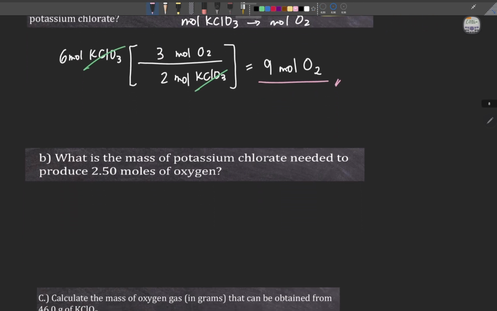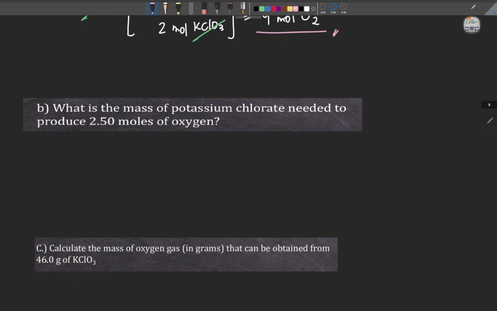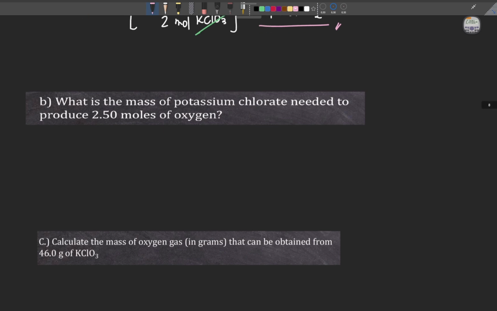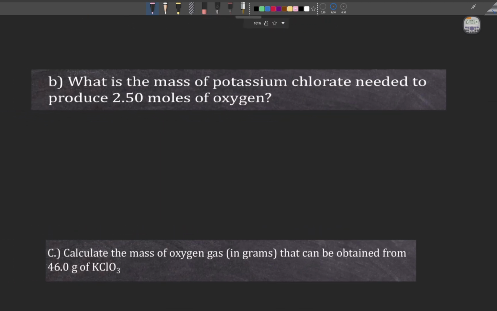Okay. Next, what is the mass of potassium chlorate needed to produce 2.50 moles of oxygen? So that means the given is moles of oxygen. The asked mass is grams of KClO3. So we start with the moles of O2. So 2.50 moles of O2.